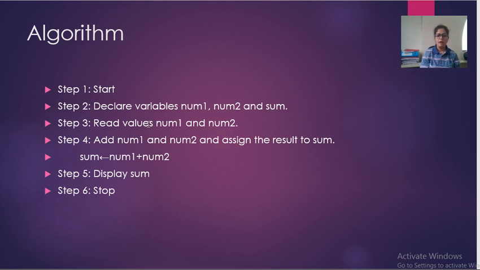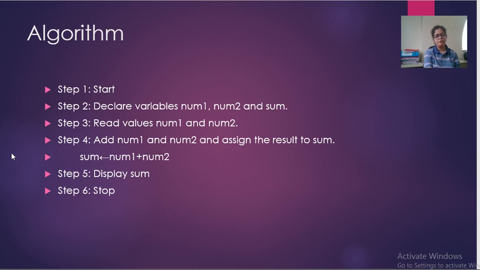Now after that we have to assign some value to the variable. Let's suppose I have assigned the value 5 to number 1 and the value 6 to number 2. So at the third step the program will read the values of number 1 and number 2, that is 5 and 6.